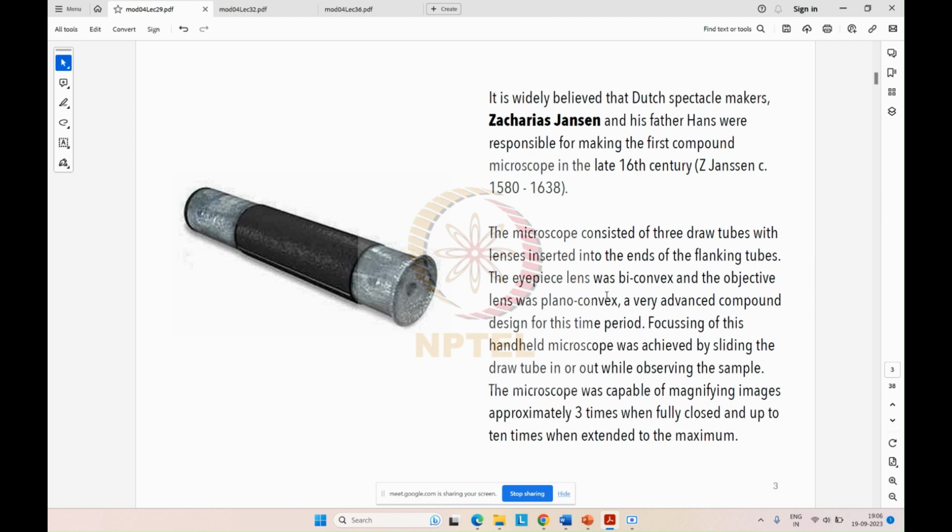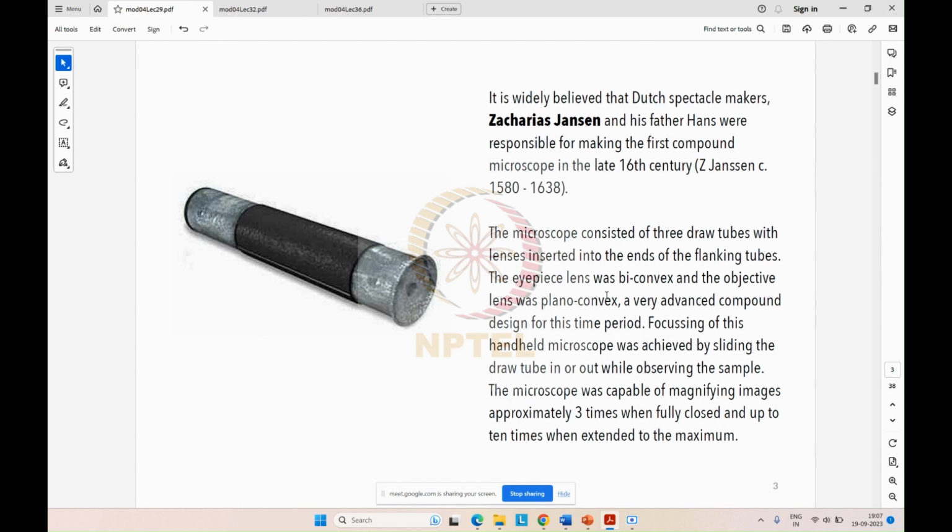This particular microscope is super old. It dates back to the 16th century, but it could only go to 3x magnification. So the object you are trying to image, you can only zoom it up by 3x.